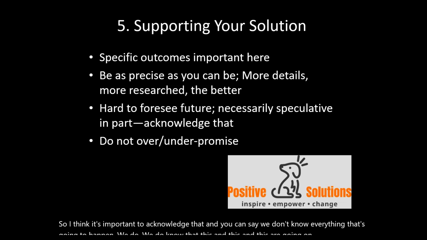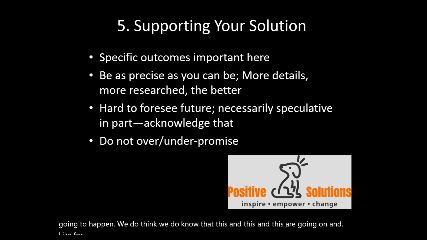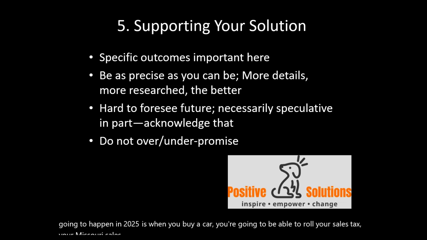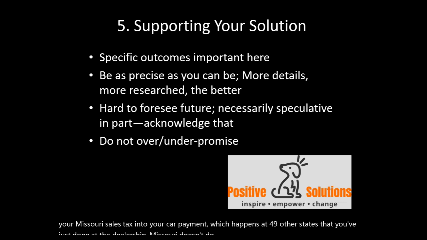And for instance, in the licensing office example I mentioned earlier, one of the things that's going to happen in 2025 is when you buy a car, you're going to be able to roll your sales tax, your Missouri sales tax, into your car payment, which happens in 49 other states, so you're just done at the dealership. Missouri doesn't do that for a variety of reasons.